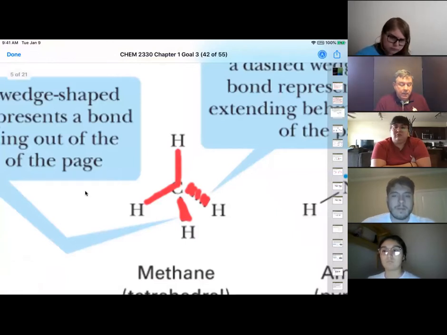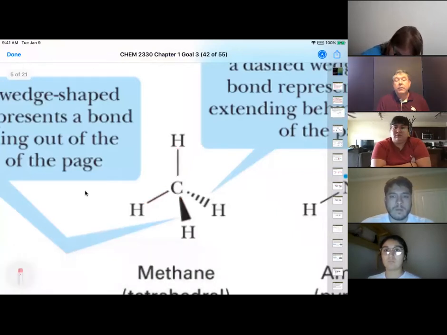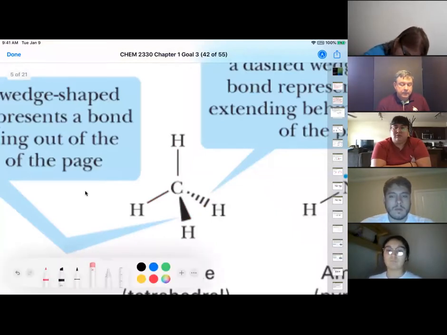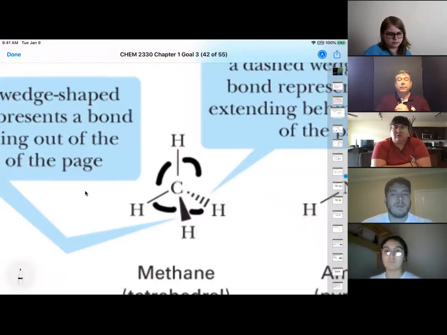And so the farthest they can be apart from each other, and you can build a model on this, is this tetrahedral structure where each of these is 109 degrees apart from each other, and that's as much as they can do. Okay, so that's if you have sp3 hybridized orbitals and you have 4 things bonded to it.